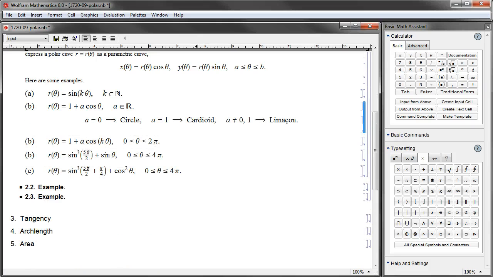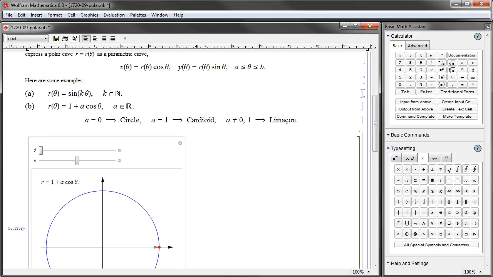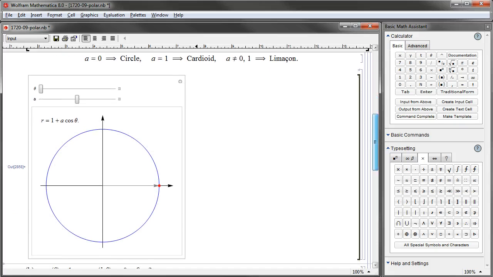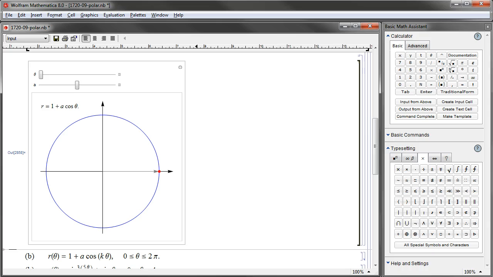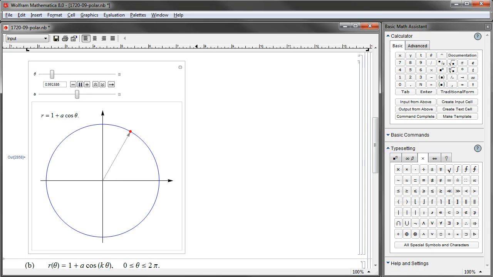Here's an even more impressive picture. Limaçon. So the a value can change, but the default is a equal to 0, where r is 1 plus a cosine of theta. a is 0, so r equals 1, so the distance from the origin is constantly 1.